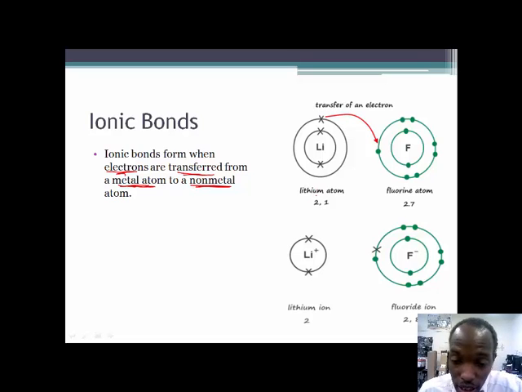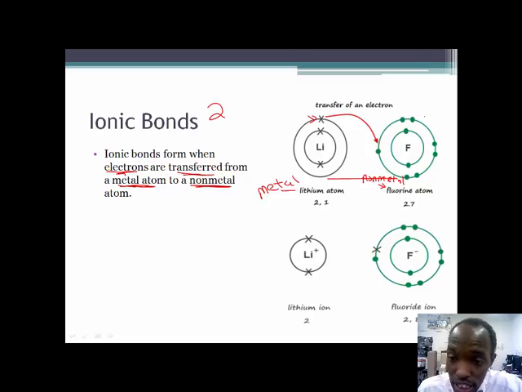For example, lithium, we know lithium is a metal, and fluorine is a non-metal. And we all want to achieve the octet rule. Remember, for the first orbit, the octet rule or their rule of completion is 2. Alright, so lithium, being in group 1, has 1 valence electron.